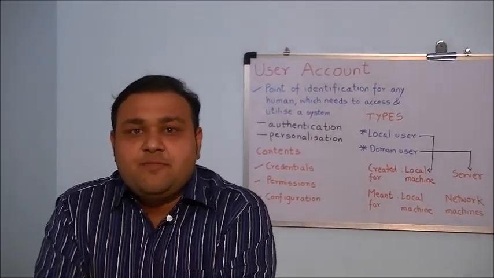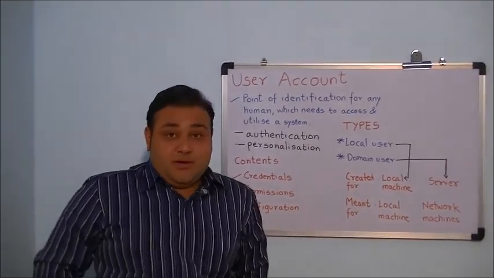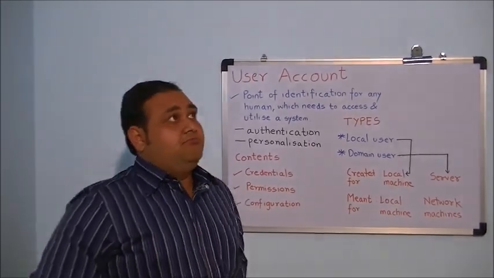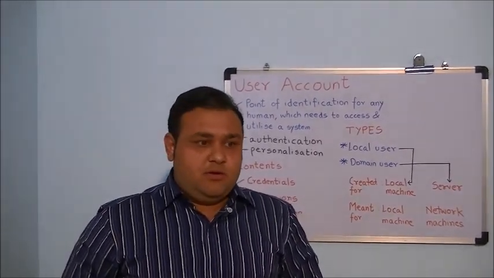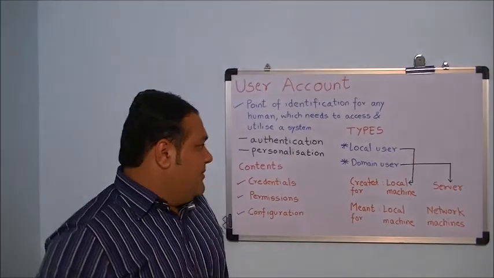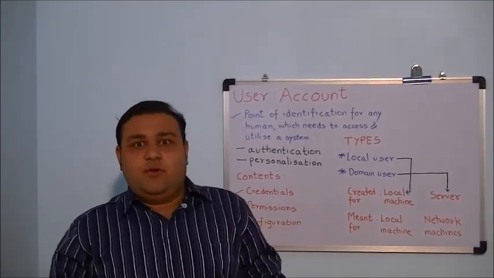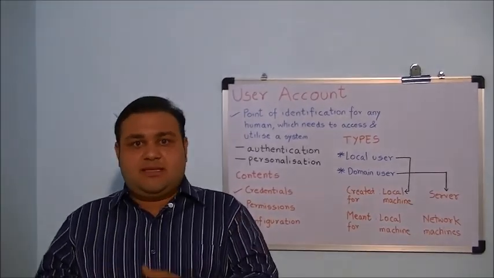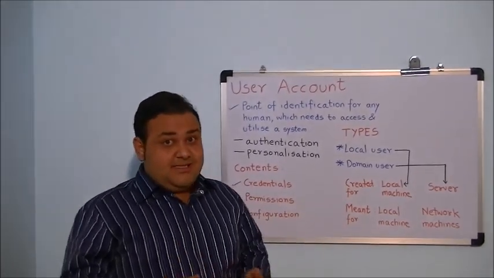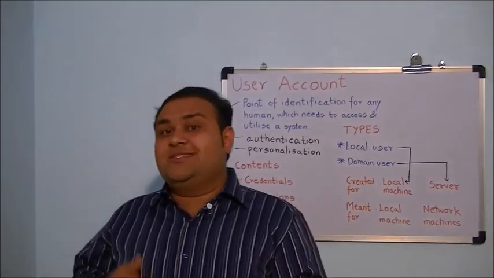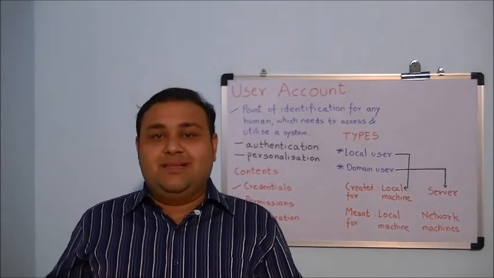In this situation, she uses a domain user account, because it might happen that on Monday and Tuesday she is accessing a computer on the 7th floor, and then maybe due to project work she logs off and goes to a computer on the 11th floor in the sales department and starts accessing the resources. But it is permissible because in this case the user account is stored on the server and is centrally located. That's why she has mobility.